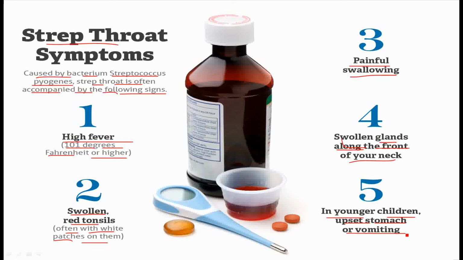These are some common symptoms of a disease caused by Streptococcus pyogenes. You can easily distinguish if you have any of the following symptoms. You can easily go to doctor.